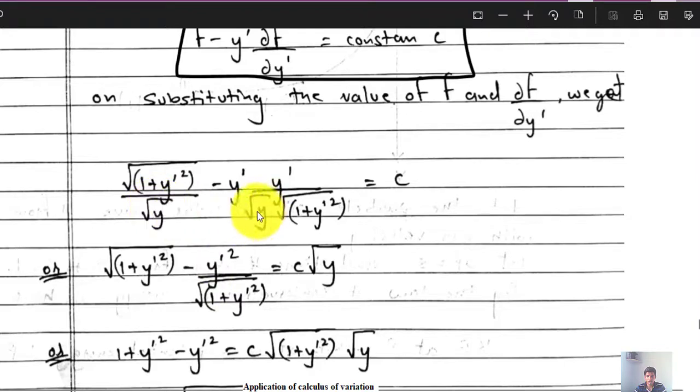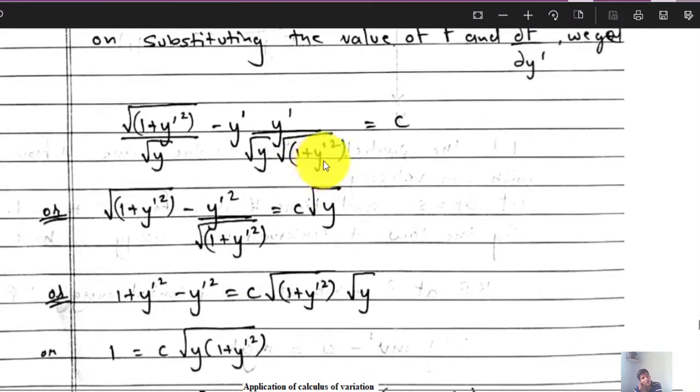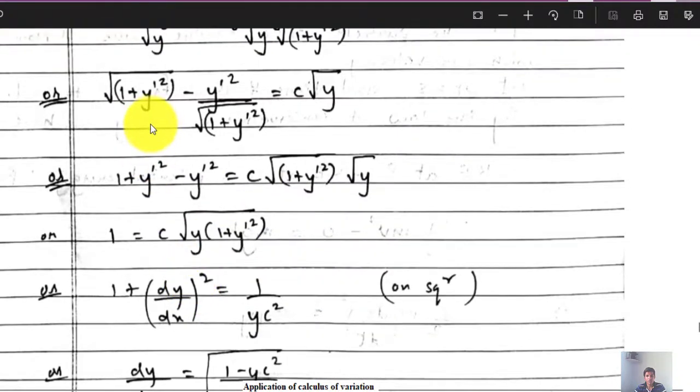So here in the numerator it is square root of y, so I will take it to the other side. Here it is 1 plus y prime square minus y prime square, which is equal to c, I will take this to the other side, okay, so it gets cancelled. Fine. Therefore 1 is equal to c into square root of y into 1 plus y prime square.